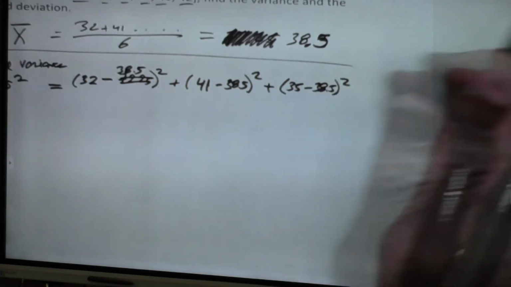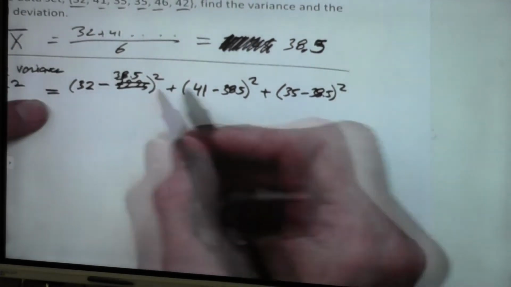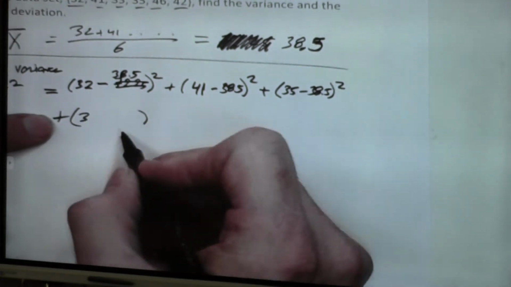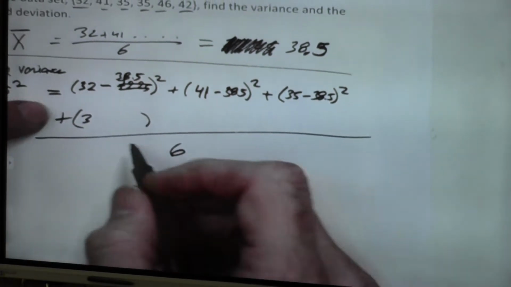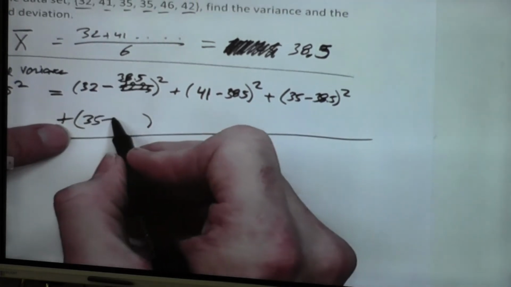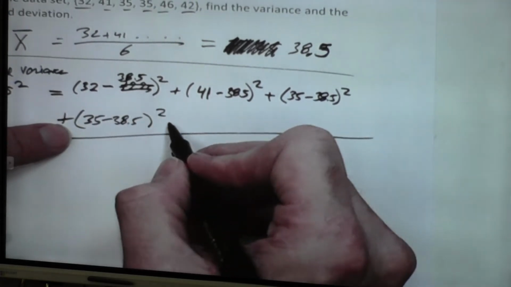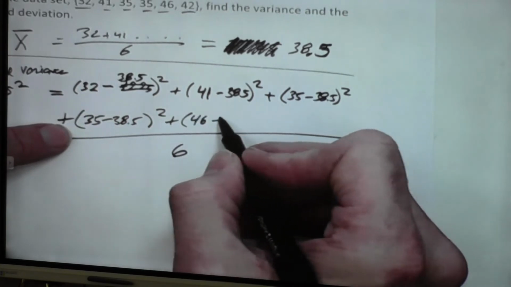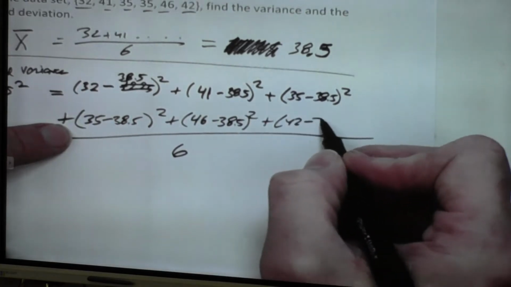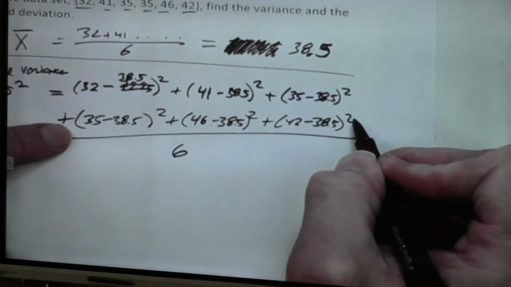Since I can't fit it all, I'm also going to do the next one down here. So we'll do all 6 of them, and then I'll put the 6 underneath. 35, oh, there was 35, it's another 35, minus 38.5 squared, plus 46 minus 38.5 squared, plus 42 minus 38.5 squared.